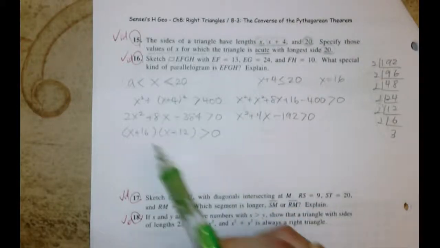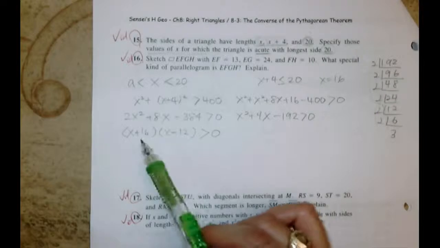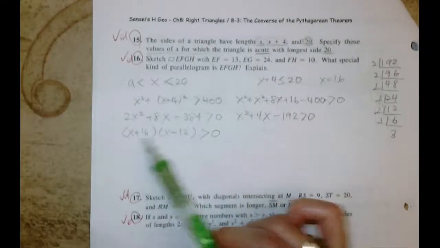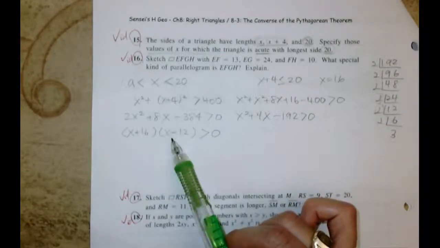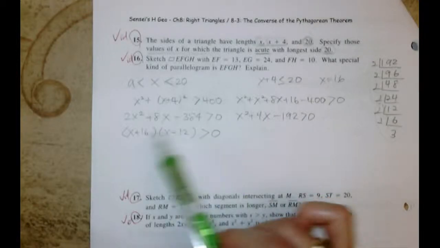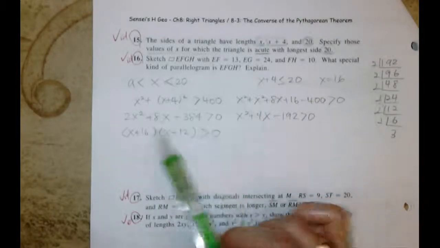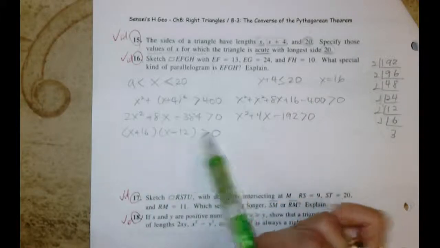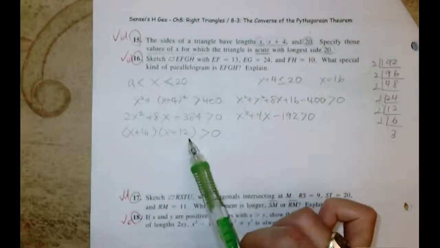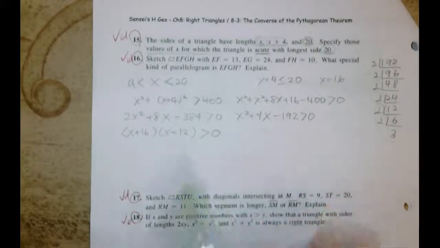So if the product of these two numbers is greater than 0, that means either they are both positive or both negative, right? If they're both negative, it's still positive because negative times negative is positive. If they are both positive, it's positive. If one of them is positive and one is negative, this product is going to be negative. So that's what you're looking for.